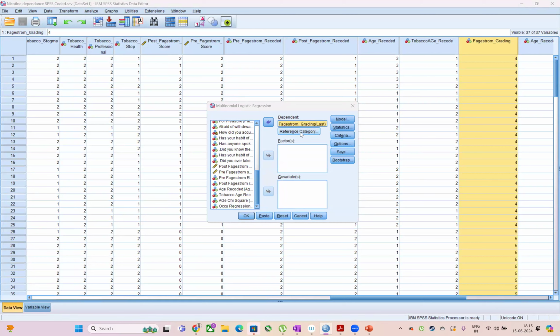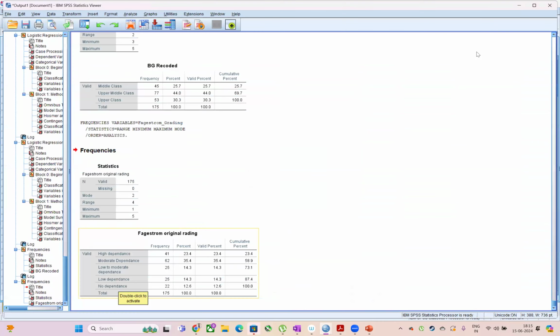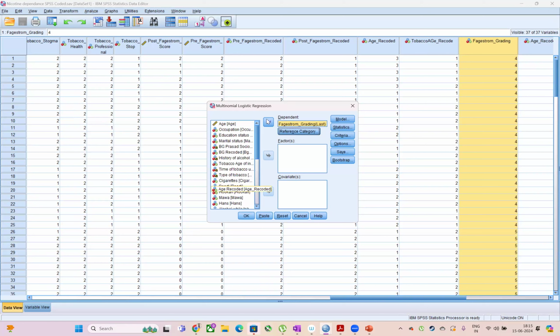As I showed here, the last one is no dependence. So we have instructed SPSS to use the last category as the reference category. And now I can put all the variables.